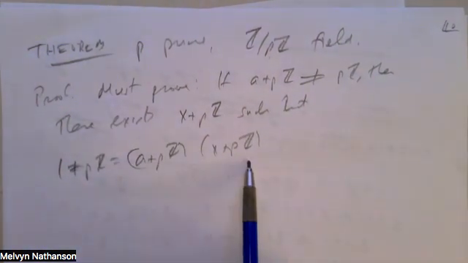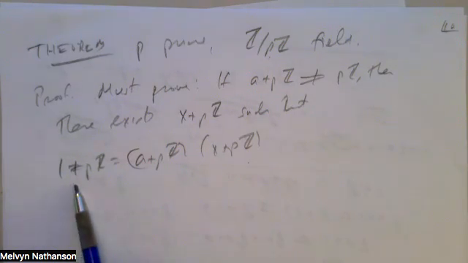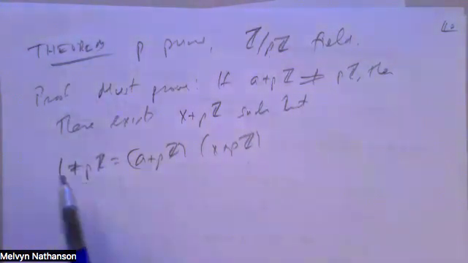The product of these two is 1. What is 1 in the integers mod P? It's the congruence class of 1. This is the multiplicative unit.